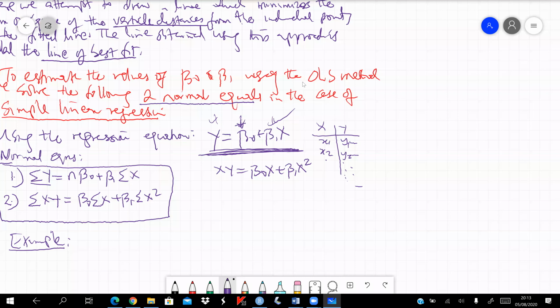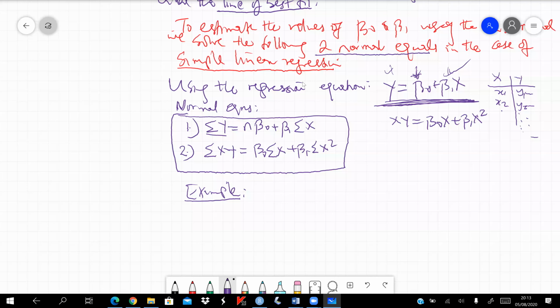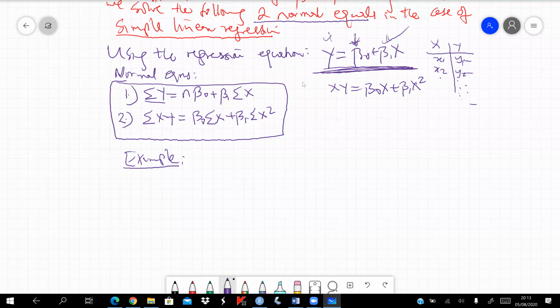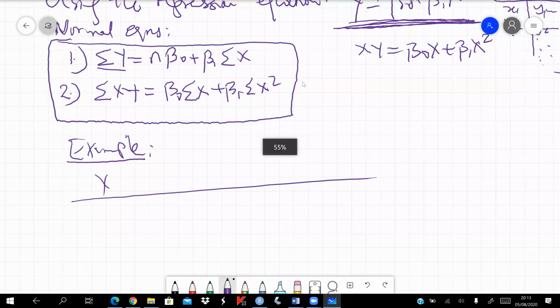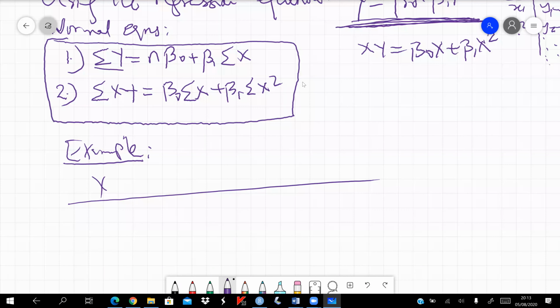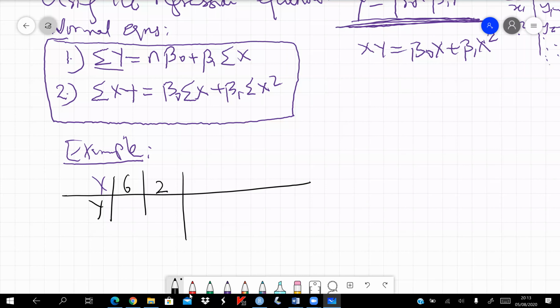Let's have a simple example. We have some data here, X and Y. The values of X are 6, 2, 10, 1, 8.